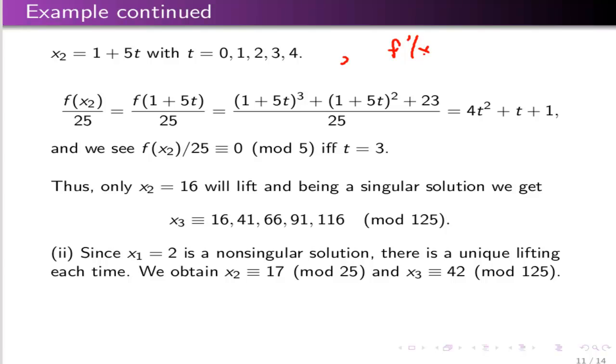That's on the left-hand side. You never need to recalculate that. This was 0 mod 5. This is a singular solution we're dealing with here. So what I have to calculate for the right-hand side is f of x2 over 25.